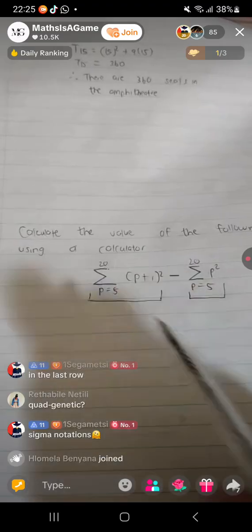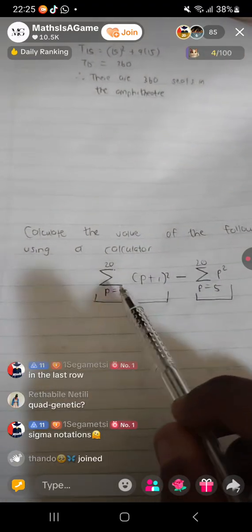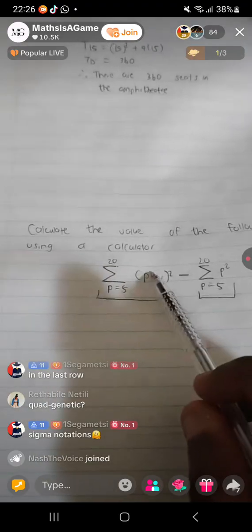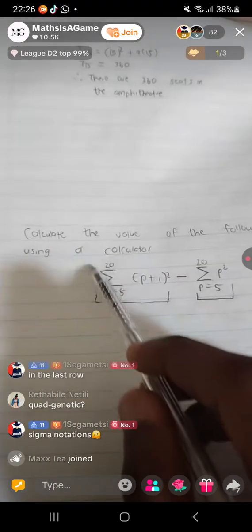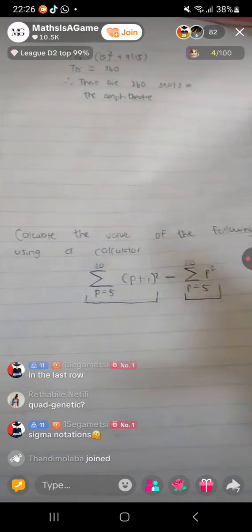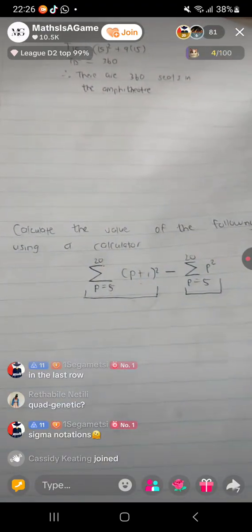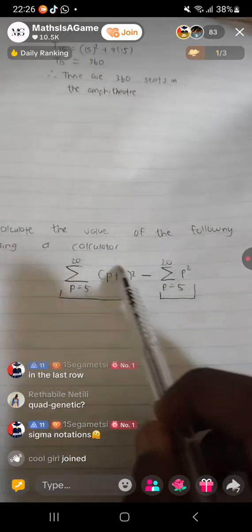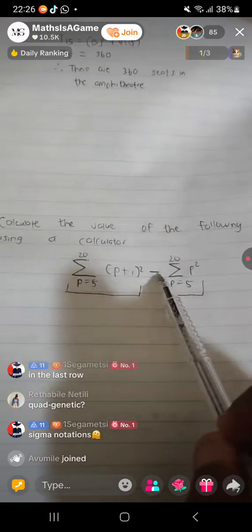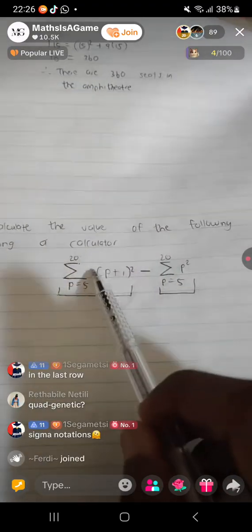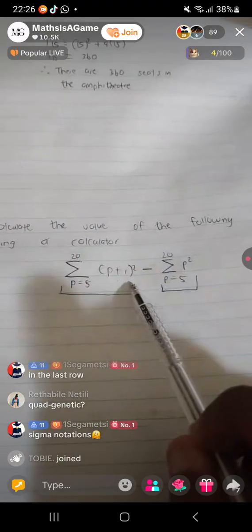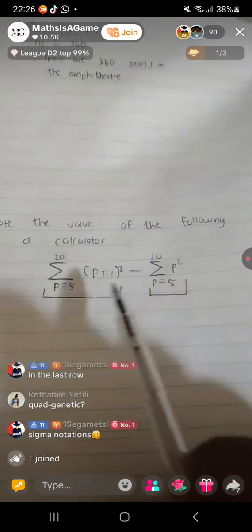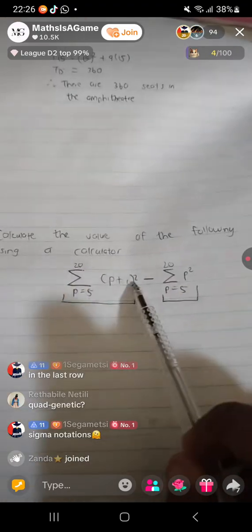This P equals 5 indicates the number we substitute as our first term, and this 20 signifies the number we substitute to get our last term. Same thing here. Here we have P plus 1, the whole thing squared, and it's not arithmetic, it's not geometric. So P plus 1, the whole thing squared, and we have P squared. So this is like an unconventional expression of the nth term.